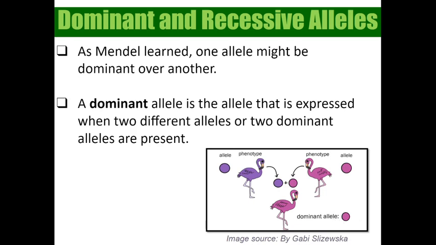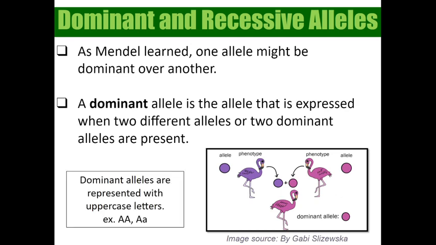So, even though there is a purple parent flamingo, because pink is dominant, our baby flamingo is going to come out pink. The dominant alleles are represented with uppercase letters. So AA and big A, little a can have dominant alleles.